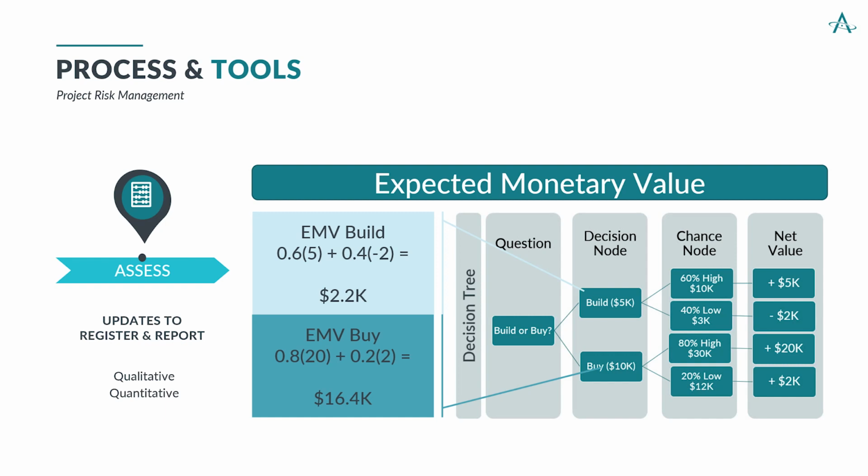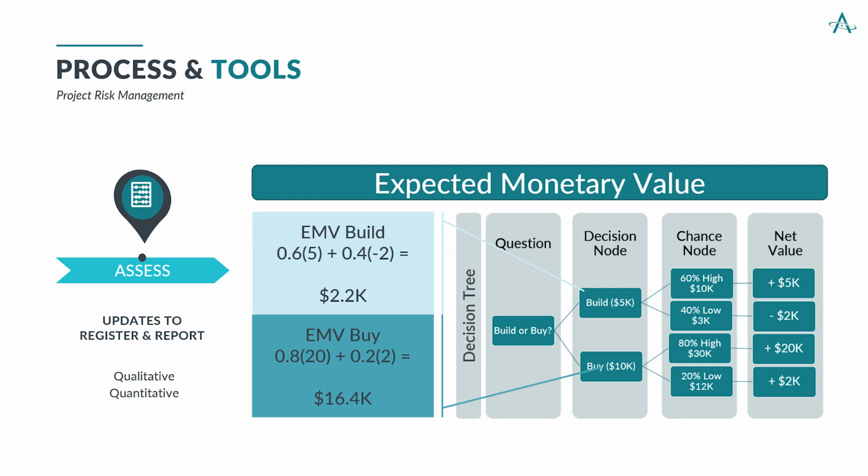And then we come up with an EMV, or expected monetary value, of 2.2K. Contrast that with the buy decision tree branch and doing the same math process of multiplication and adding those two sums, and we have an expected monetary value of 16.4K. So even more quantitative assessment, combining all the values that we have.